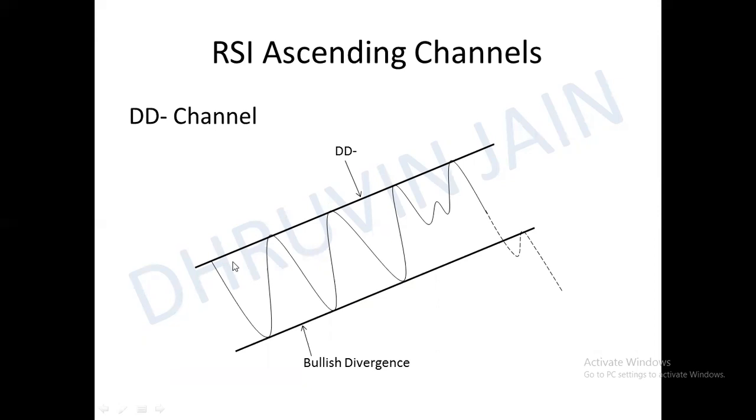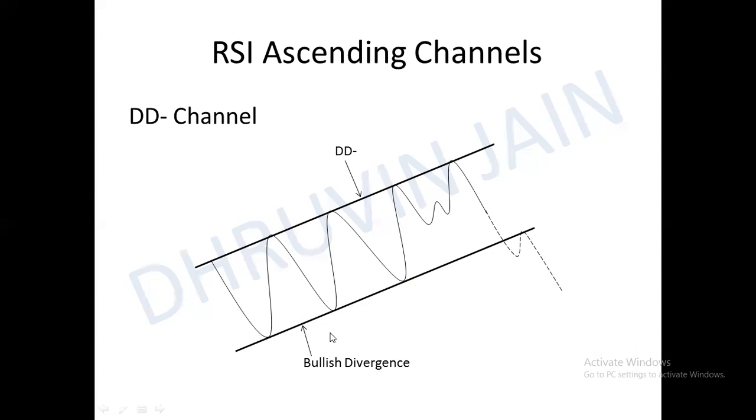RSI will be shaping up something like this, an ascending channel. Just know this is a very symmetrical drawing that I have just drawn in this particular example. RSI doesn't usually work like this; usually you won't see such perfect structures. This is just a theorized example.